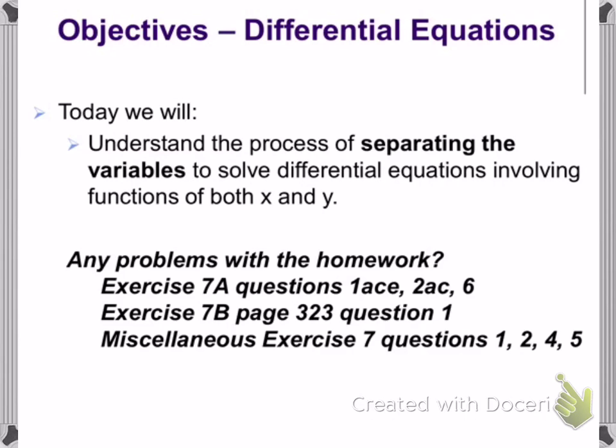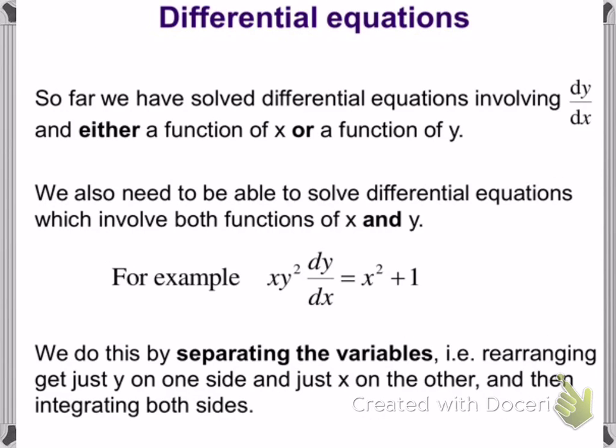So today we're going to understand the process of separating the variables to solve differential equations with functions of both x and y. So far we have solved differential equations involving dy by dx and either a function of x or a function of y.